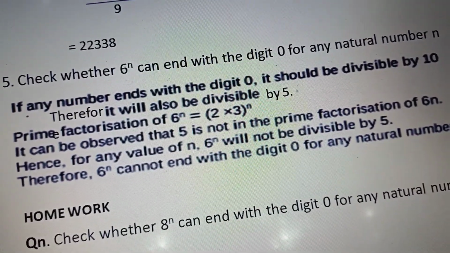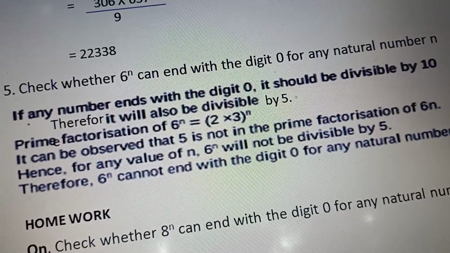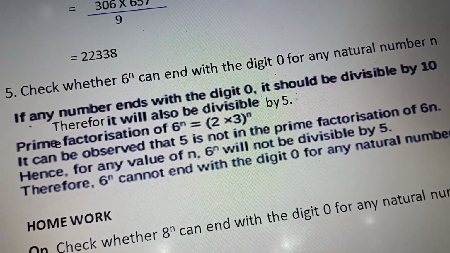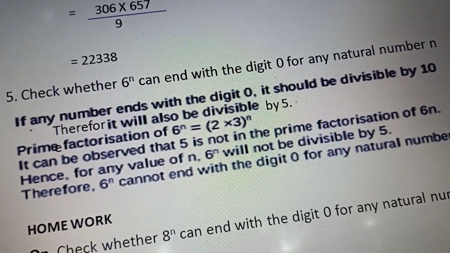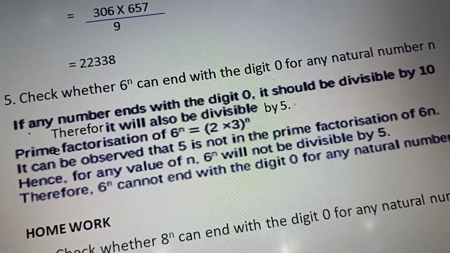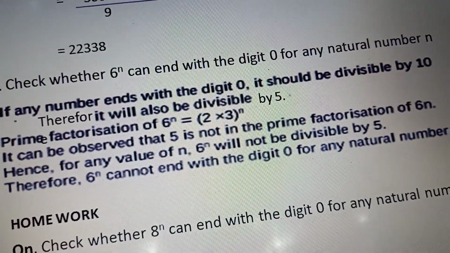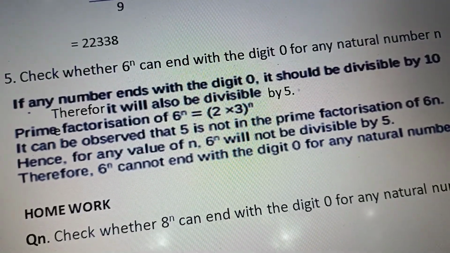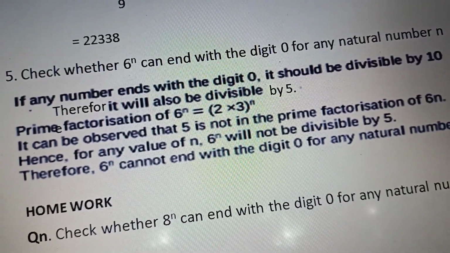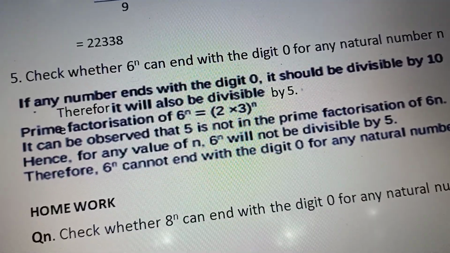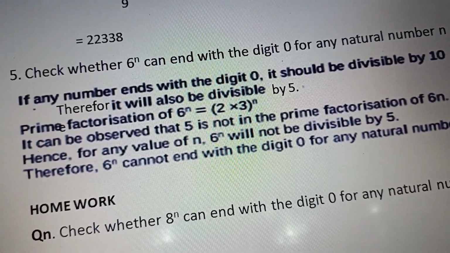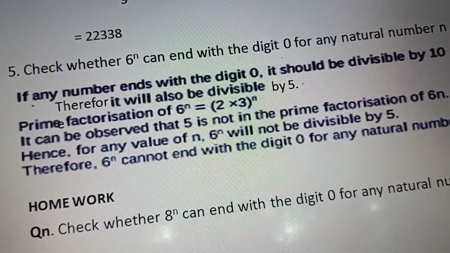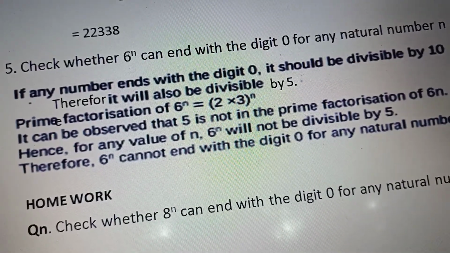But here, for 6 to the power n, the prime factors of 6 are 2 into 3, only 2 and 3. So 5 is not a factor.